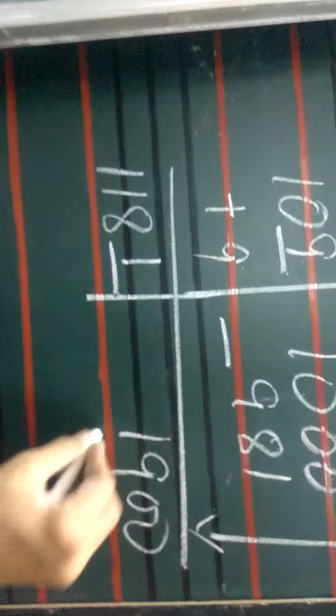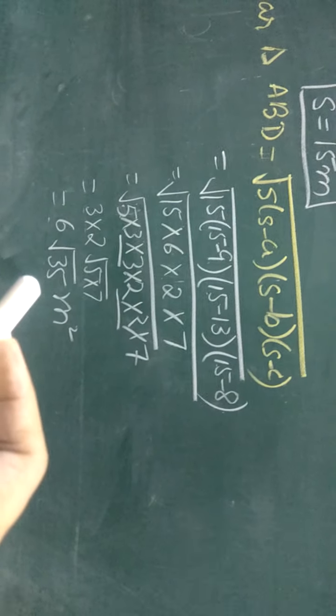So in this way no need to solve further because we got a 2 decimal place solution. So we'll put it in this. So 6 into 5.91. 6 ones are 6, 6 nines are 54, carry 5, 30 and 35. Place the decimal. This is the area of the second triangle.